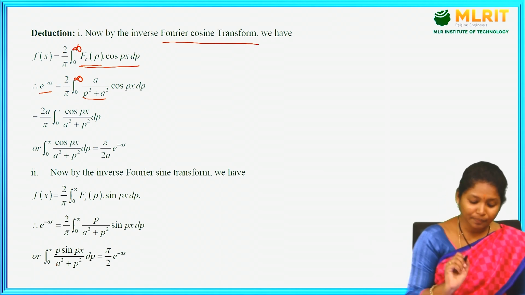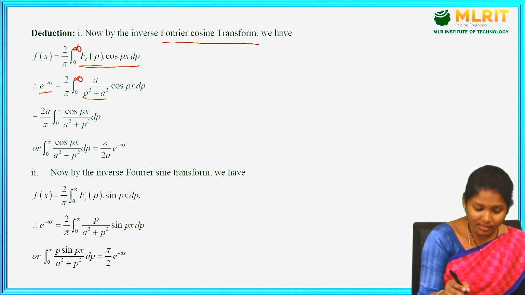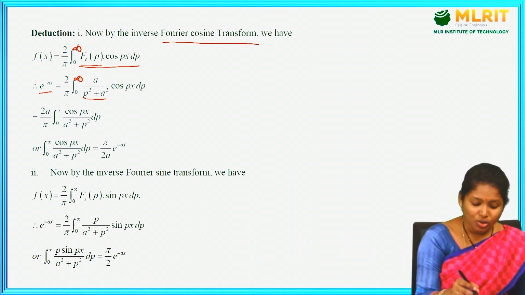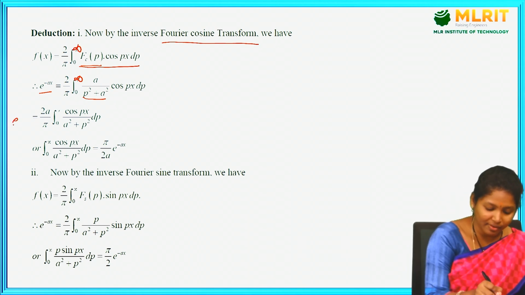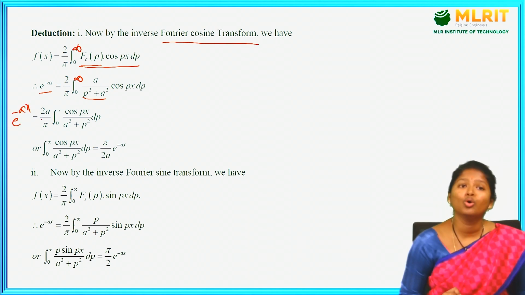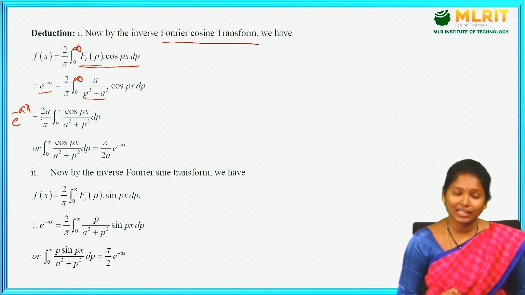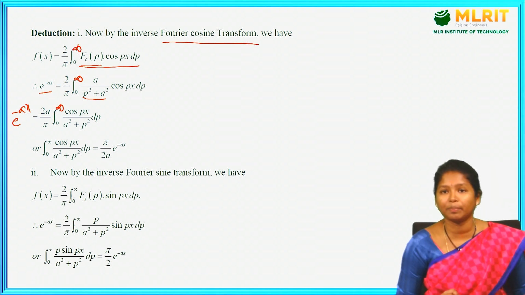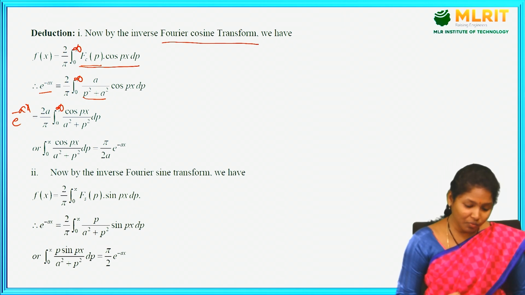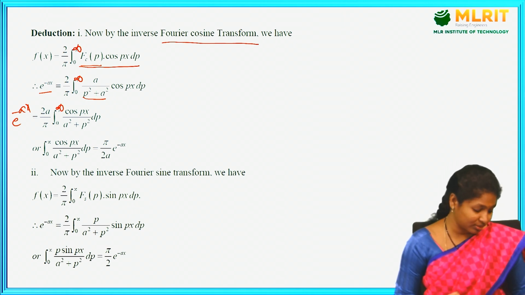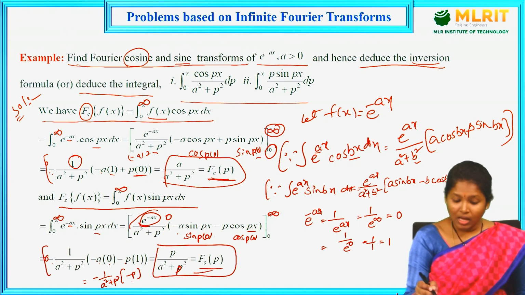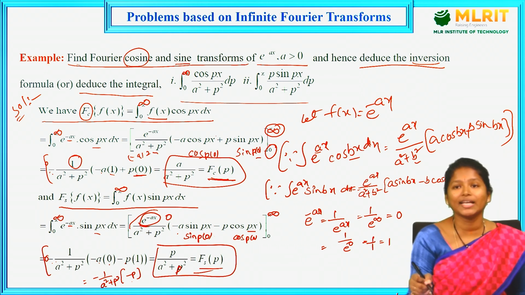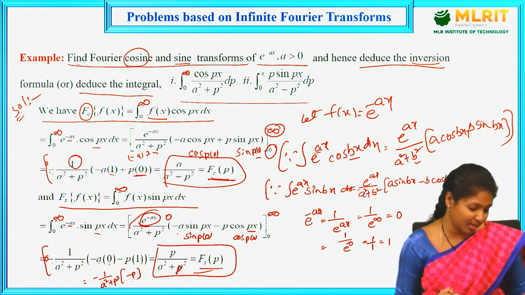Here a is constant, that's why I am writing it outside. So we will get e power minus ax equal to 2a by pi integral 0 to infinity cos px by a square plus p square dp. Here what they gave is that we have to deduce the integral 0 to infinity cos px by a square plus p square dp.